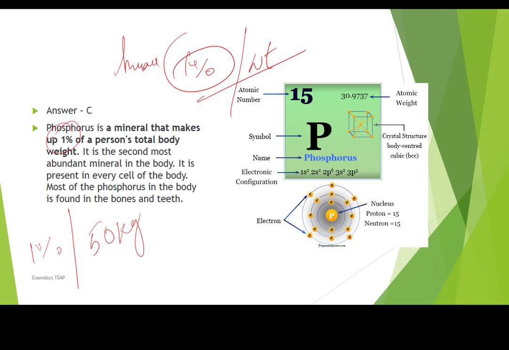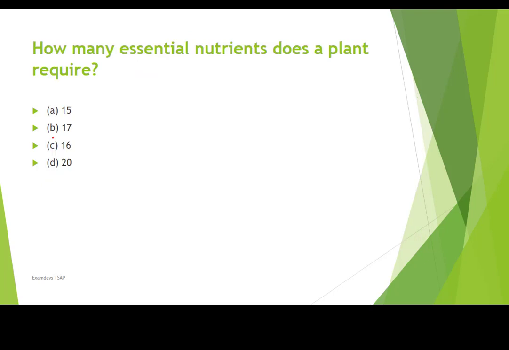Okay, moving on to the next question: how many essential nutrients does a plant require? A, 15; B, 17; C, 16; D, 20. So the question is once again, how many essential nutrients does a plant require? As we know, the answer is 17.